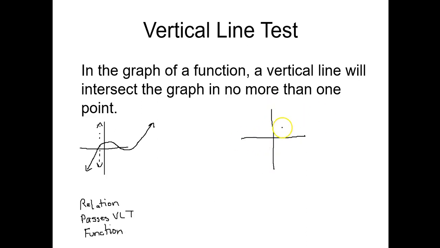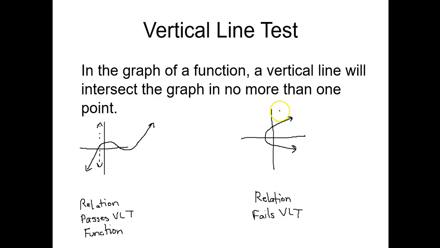But if you have something like this, just do a sideways parabola. You have something like this. This is a relation. This fails the vertical line test, fails the VLT.